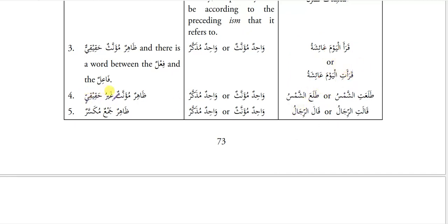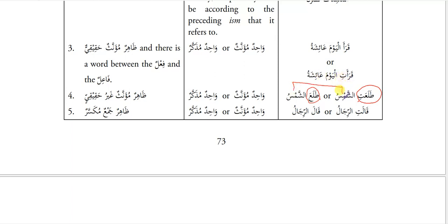Rule number 4. Zahir muannas ghairu haqiqi, wahid muzakkar or muannas. If a fa'il is muannas ghair haqiqi, a muannas which does not have an opposite gender, at that time we can use a muzakkar fi'l or a muannas fi'l. Both are right.